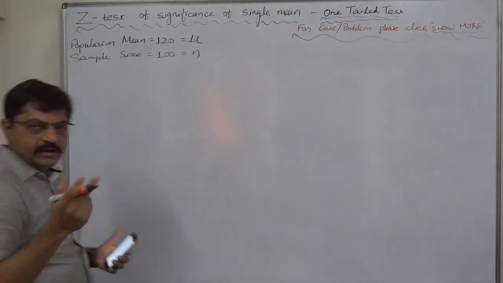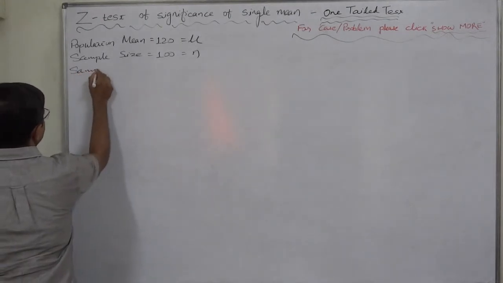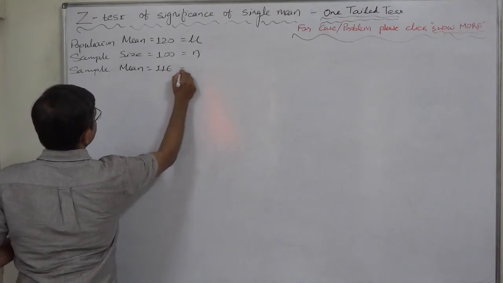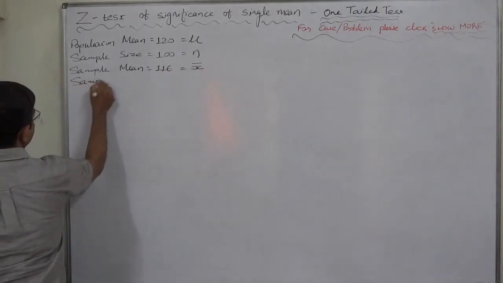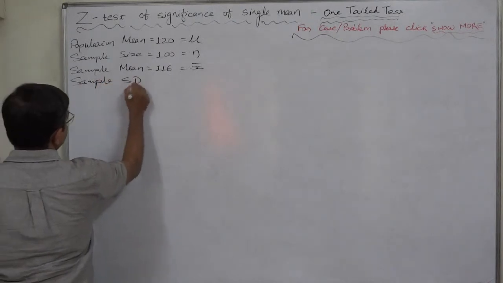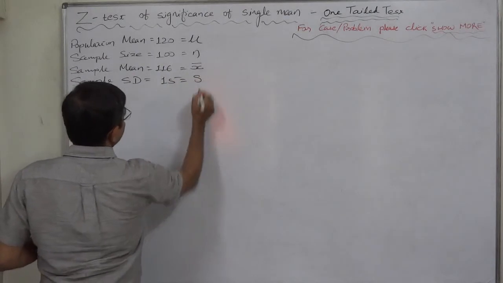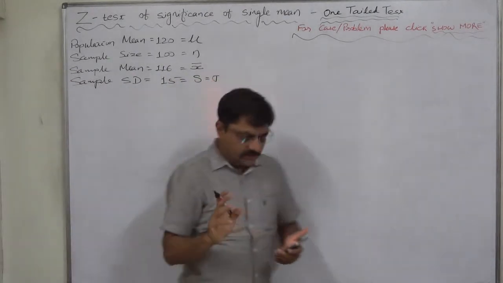In this sample, her speed is 116 words per minute, so it becomes the sample mean, 116. Sample mean is x bar. And the sample standard deviation, because the standard deviation of 15 is for these 100 trials only, or you can take it as the best estimate of the population standard deviation.